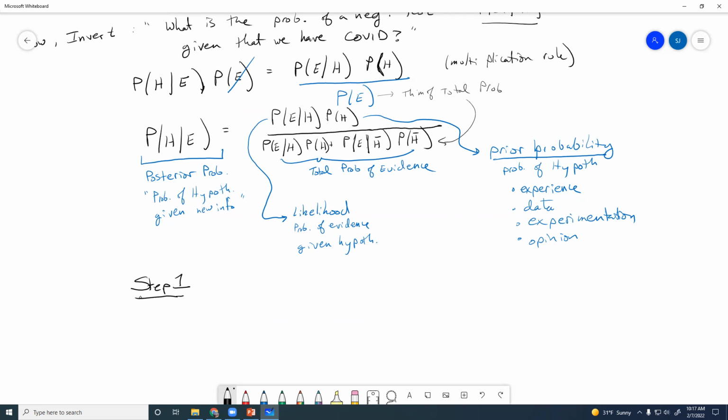We gather all the probabilities that we need to know, and we say our posterior probability is equal to our likelihood times our prior of our hypothesis divided by the probability of our evidence.